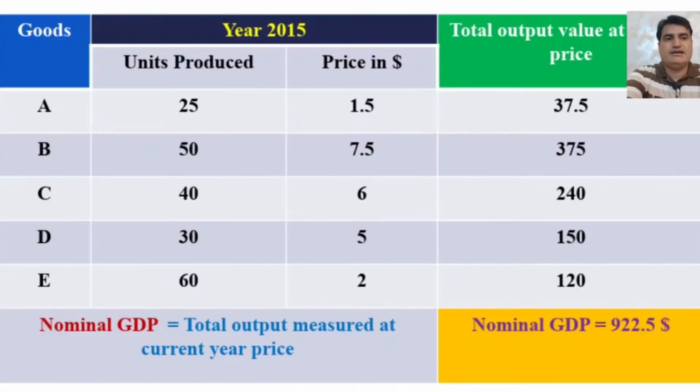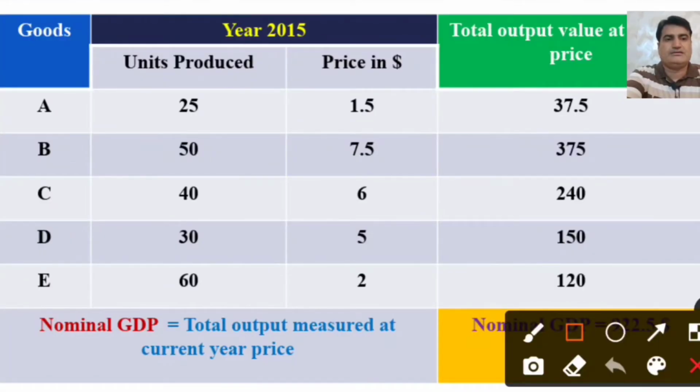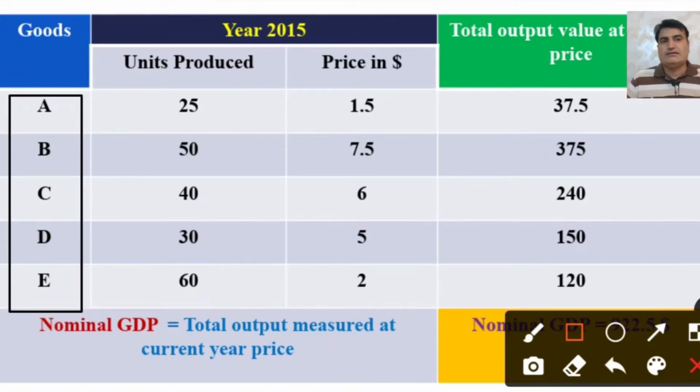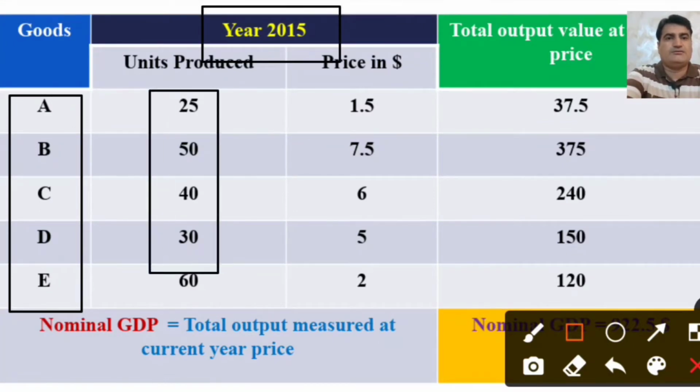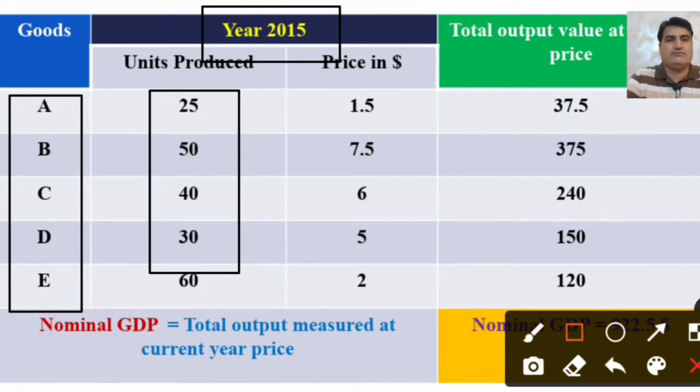Suppose the country has produced this output A, B, C, D, E. These are the different commodities produced in the economy for the year 2015. The units for commodity A is 25, B 50, C 40, D 30 and E 60 units.